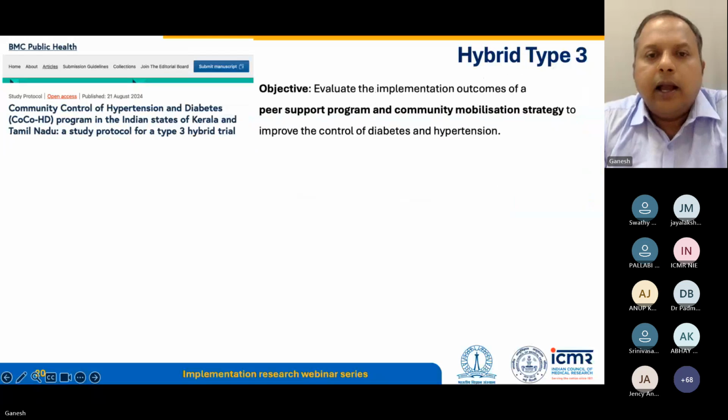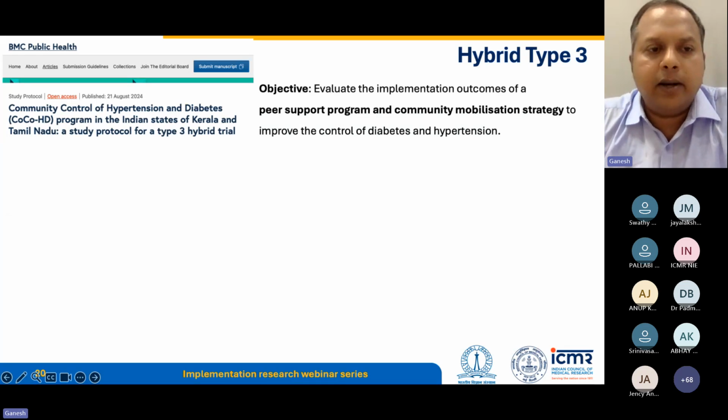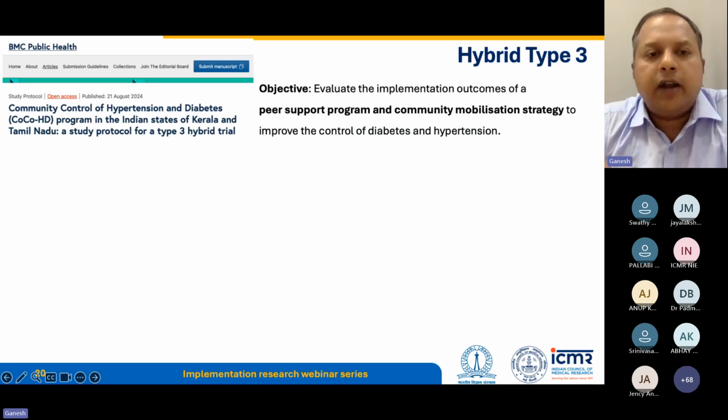Hybrid type 3, the example here is the one published in BMC Public Health, where our institution is involved. And I'm involved in this implementation research, which we are currently implementing: community control of hypertension and diabetes in Kerala and Tamil Nadu.